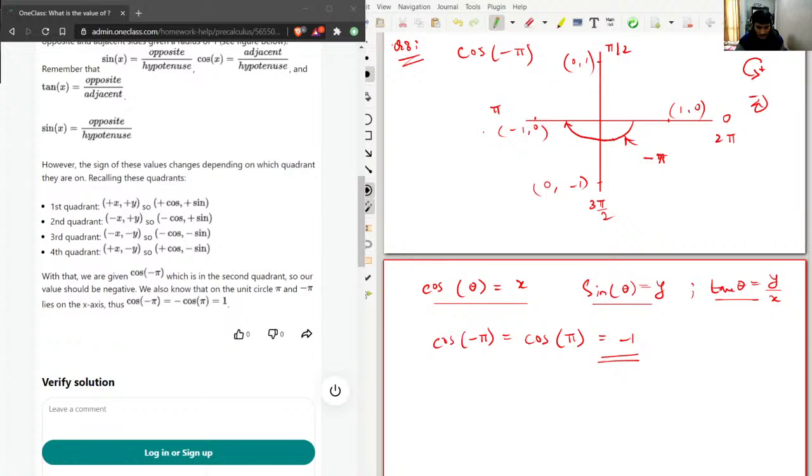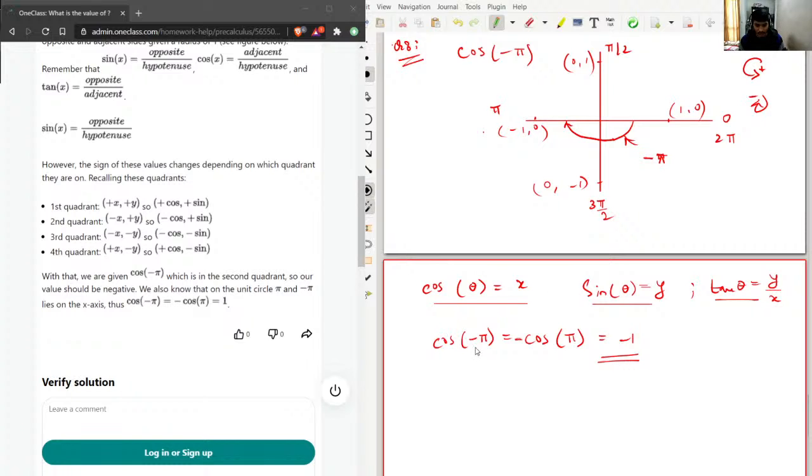In the final statement they have made a mistake. Here they have written 1. No, okay. So the thing is that with cosine minus pi, this sign will come outside of the cosine. Like there is a property of cosine, sine also.